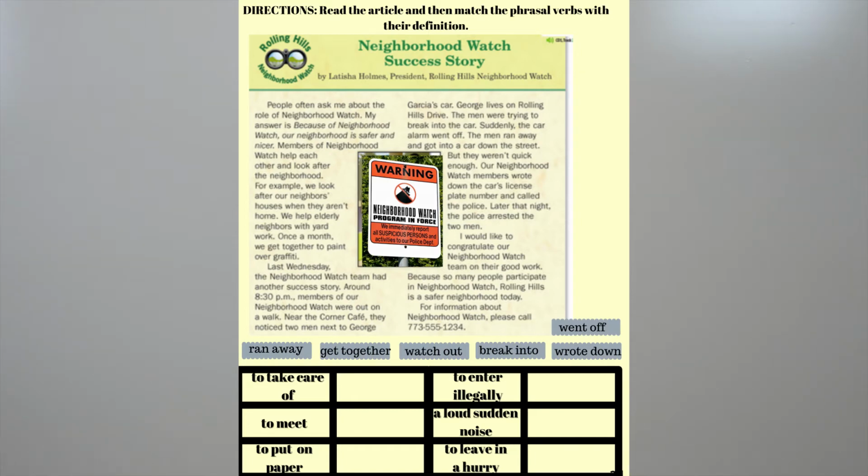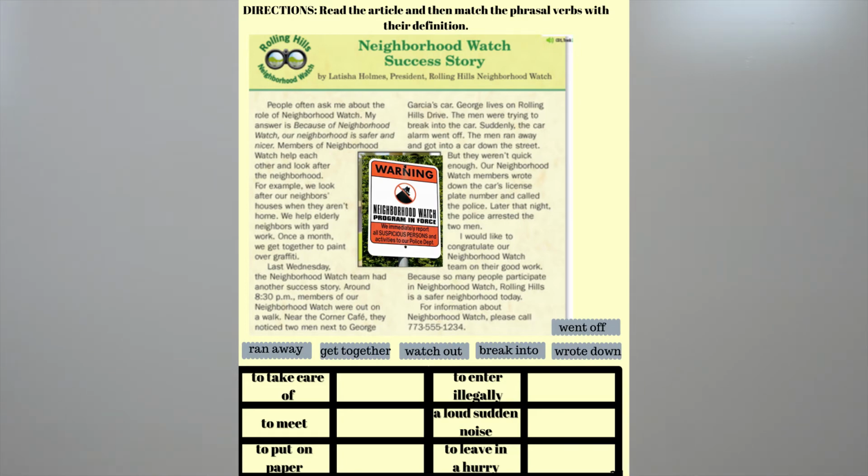The men ran away and got into a car down the street. But they weren't quick enough. Our Neighborhood Watch members wrote down the car's license plate number and called the police. Later that night, the police arrested the two men.